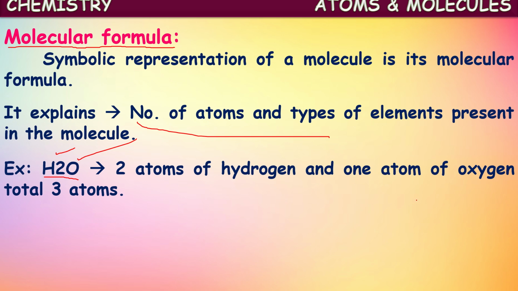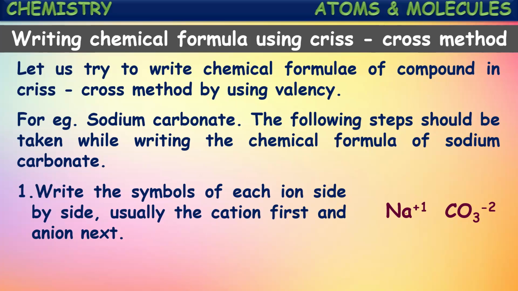One atom of oxygen is present within a water molecule. So the number of atoms is denoted by the subscript number, and the type of element is denoted by its symbol. That gives rise to a molecular formula.